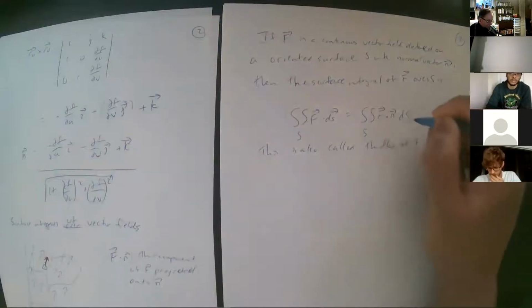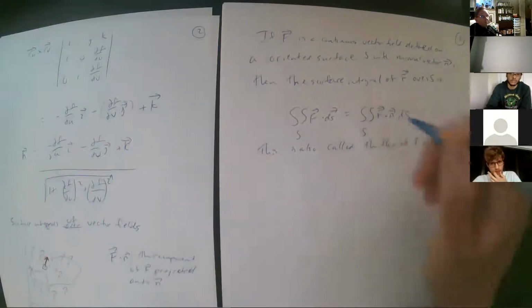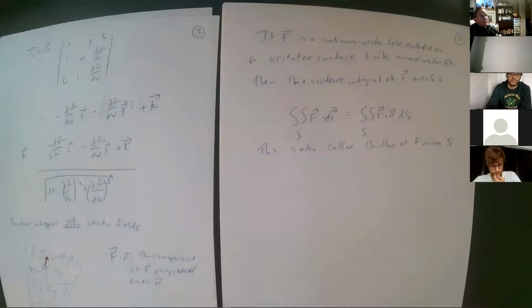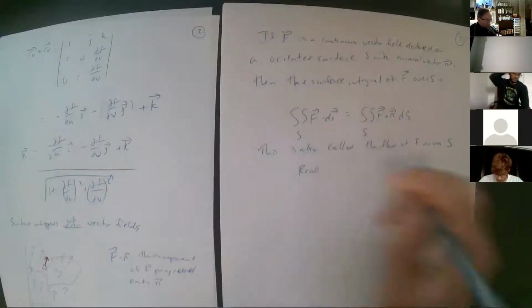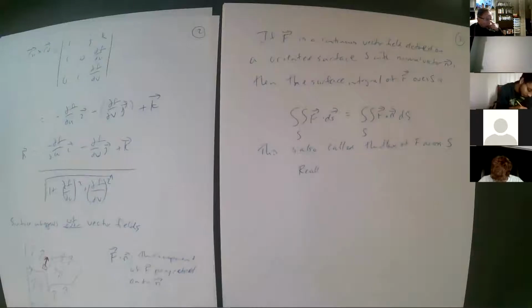Okay. So this is a surface integral. How do we compute surface integrals? We just talked about that on Thursday. If we look back to our notes on Thursday, we had this definition.